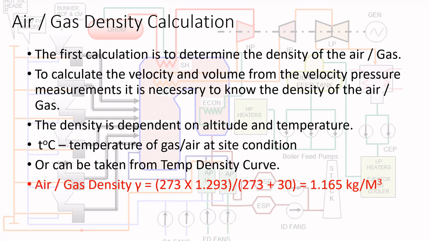Here in our case, we have calculated the air or gas density gamma equal to 273 into 1.293 divided by 273 plus the degrees centigrade, that is 30 degrees, and it comes out to be around 1.165 kg per meter cube. Then the velocity calculation.